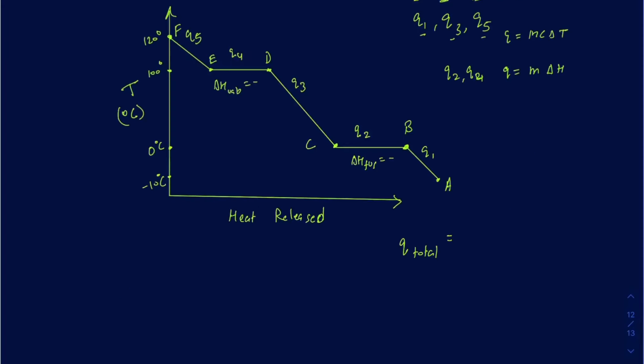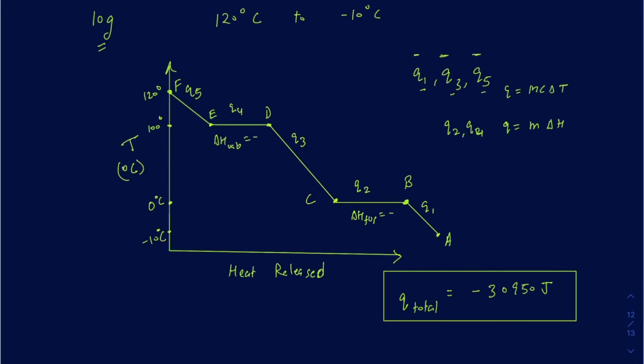However, it will be a negative number. So it's going to be negative 30,950 joules at the end of the day. What that really means is that you have released this much energy when decreasing the temperature for that 10 grams from 120 degrees Celsius all the way to negative 10 degrees Celsius. So that's the difference between the heating curve and the cooling curve.